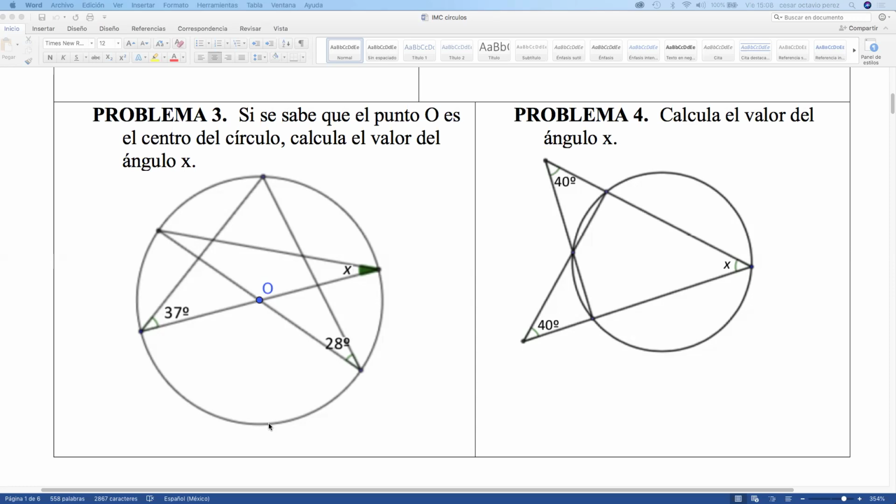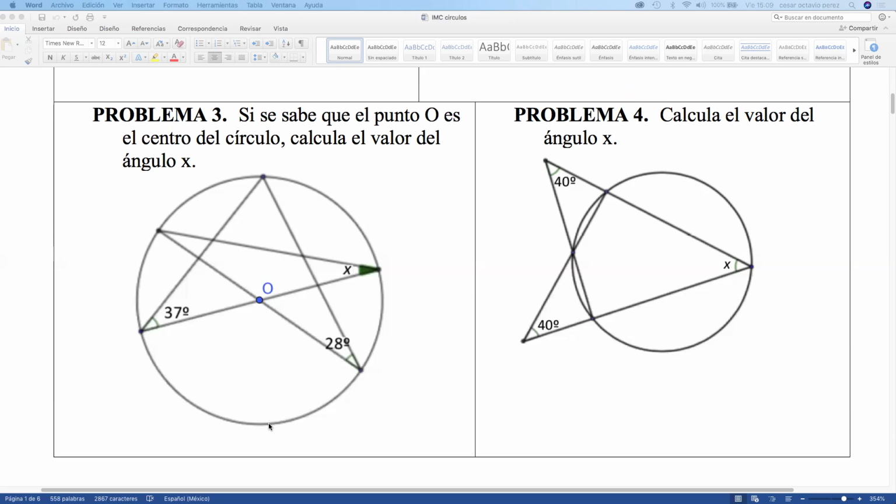So the angles 37 degrees, 28 degrees, and X are all inscribed angles.